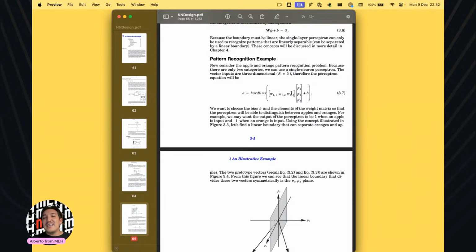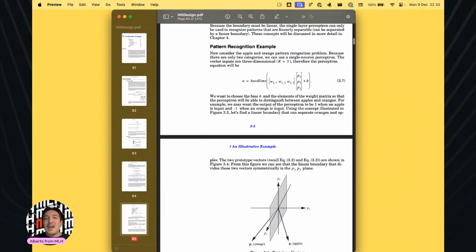In this case, since we only have one neuron, it's going to be a weight vector. Remember, a vector is just a specific case of a matrix that will be multiplying this input column, right? Plus the bias.